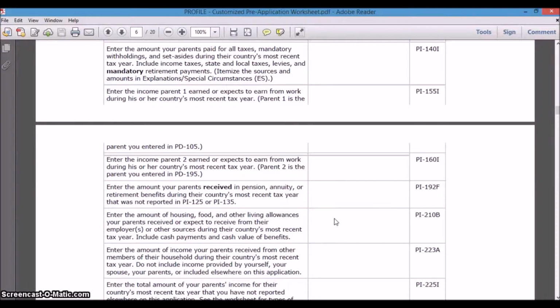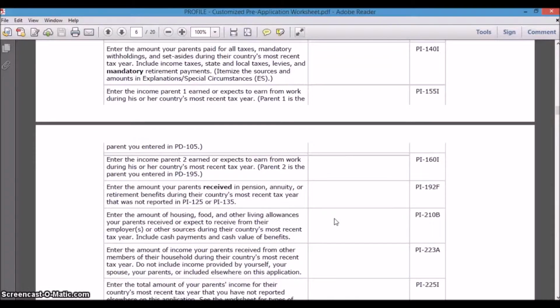All this information you should be getting from your parents, and also from the document that you received from their employer. I think we've spoken about that before, that you need to get a letter from your parents' employer and your parents' bank. So that's a bank statement and an employer statement. You use these 2 statements to fill out some of the information throughout the CSS profile.